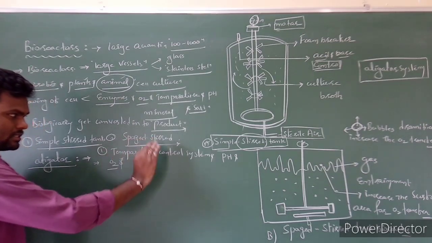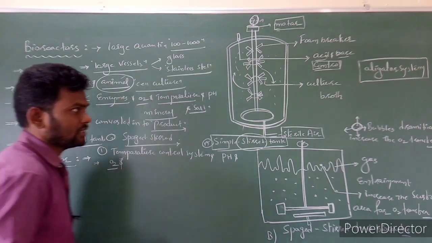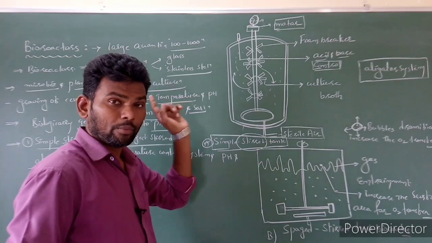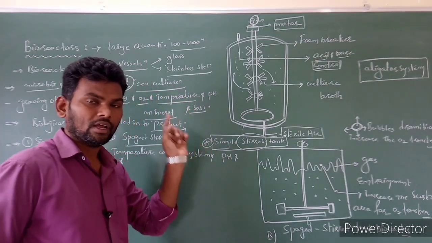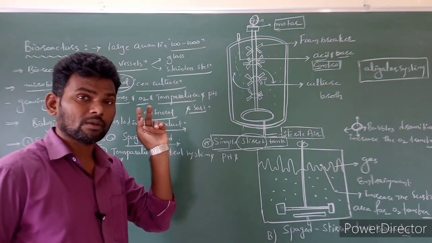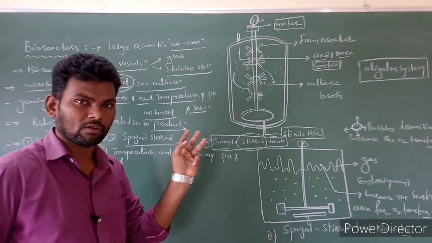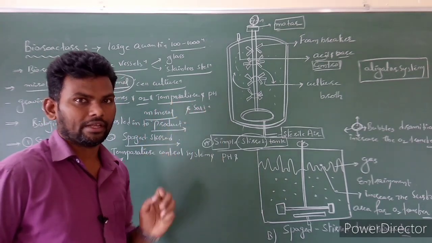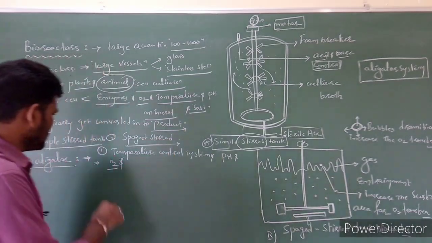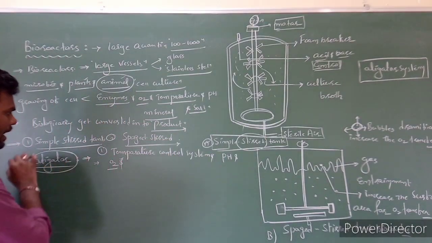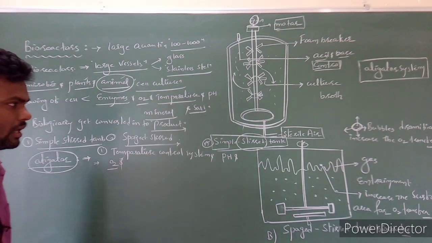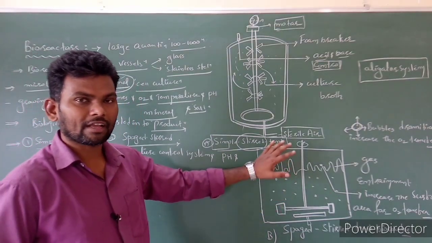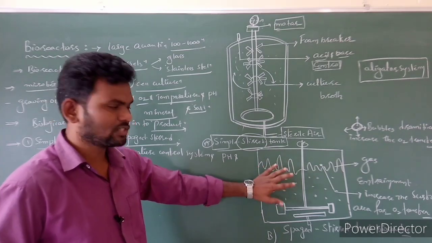So all these systems are arranged, and that's why it is called the alligator system. We have to maintain stable pH and temperature, constant supplying of oxygen, and dropping of raw material. That's why it is called the alligator system. Okay, now there is no problem for growth of recombinant cells in this vessel.